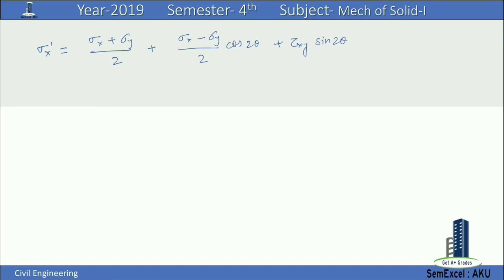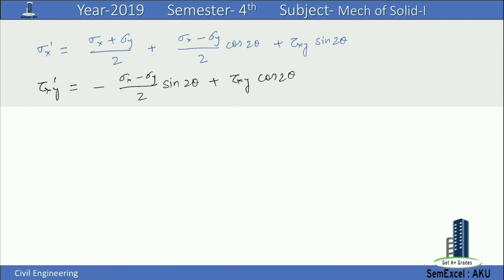Tau xy dash is equal to minus (sigma x minus sigma y) by 2 sin 2 theta plus tau xy cos 2 theta.